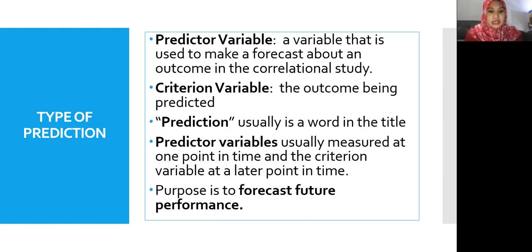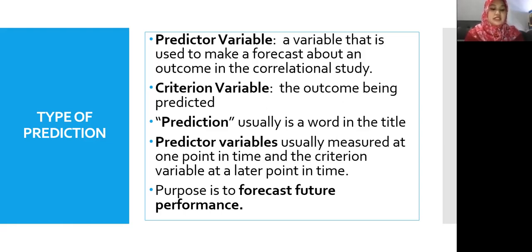Okay, this is the second type of correlational design. This is the prediction design. So actually, the author typically includes the word prediction in the title. So it may also be in the purpose statement or research questions.